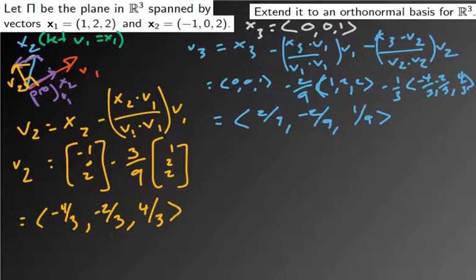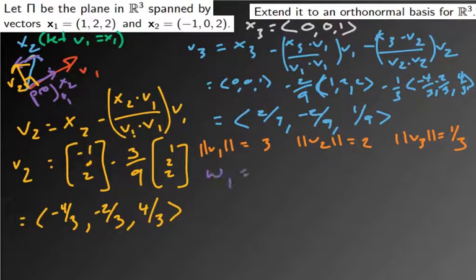For the normalizing part, we just got to find all the magnitudes. So magnitude V1 is 3, magnitude V2 is 2, and magnitude V3 is a third. And so my final answer, let's use W's, I guess. So W1, one of my vectors, my orthonormal basis, is just a third of V1.